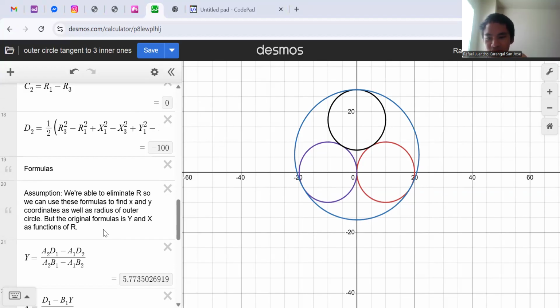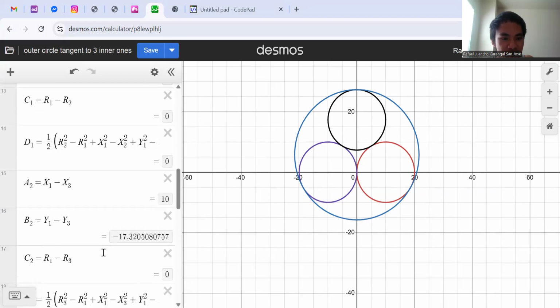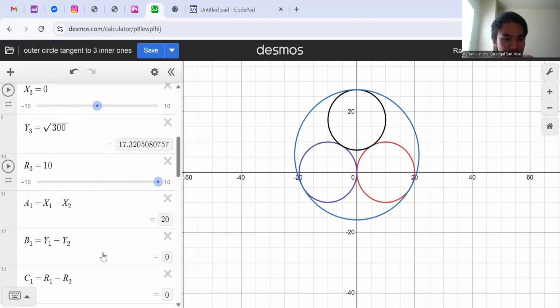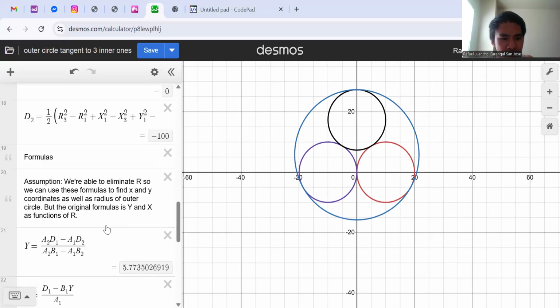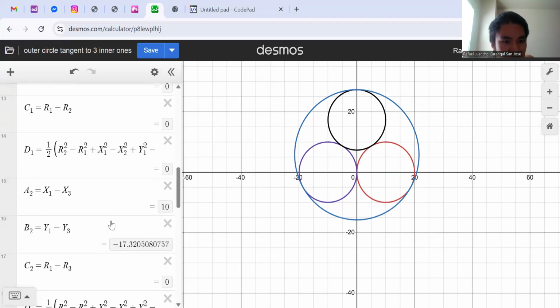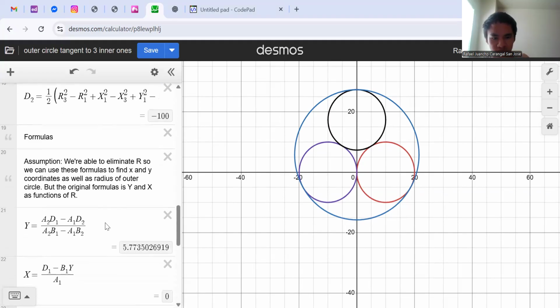And I divide that by A2 B1. That's 10. B1 is, oh, it's 0. That's nice. And then I subtract it from my A1 B2, A1 minus 20. So A1, am I showing the right thing?